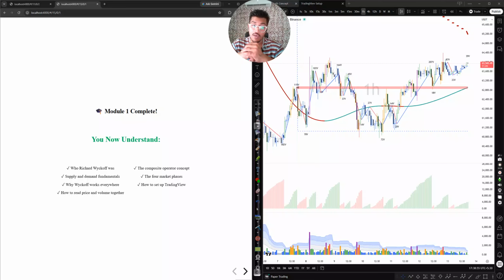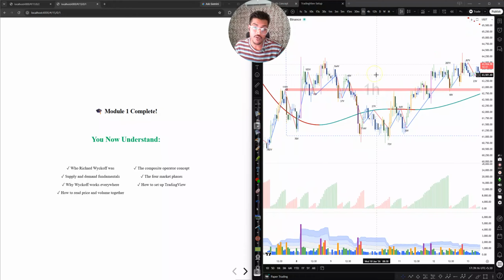As I already told you, why Wyckoff works everywhere. The three universal reasons that we discussed: human psychology, supply and demand, all those things, and how to set up TradingView, and finally how to read price and volume together.